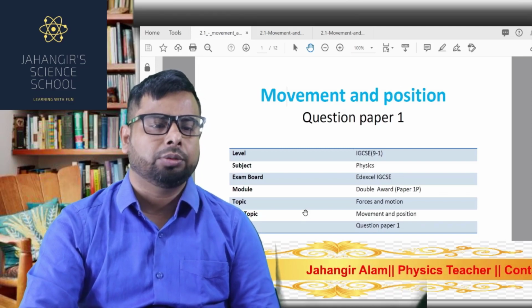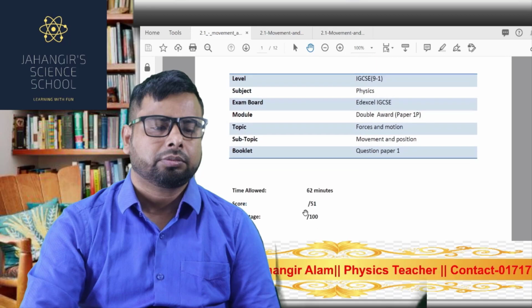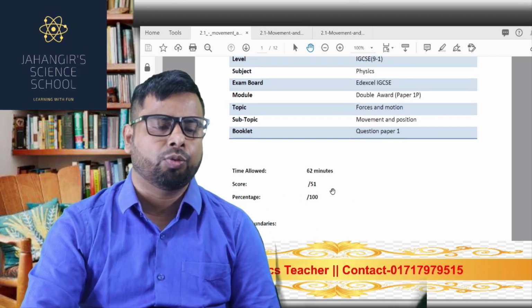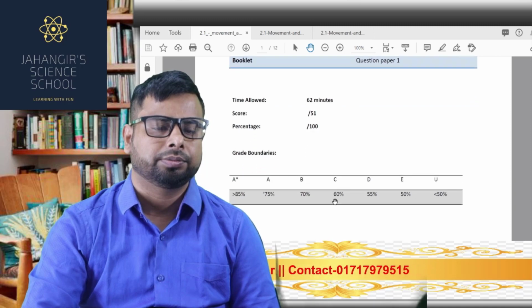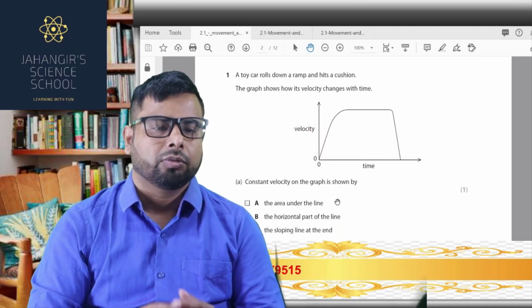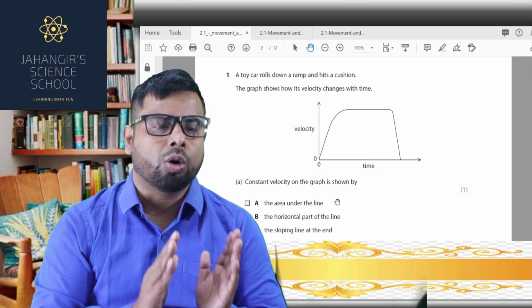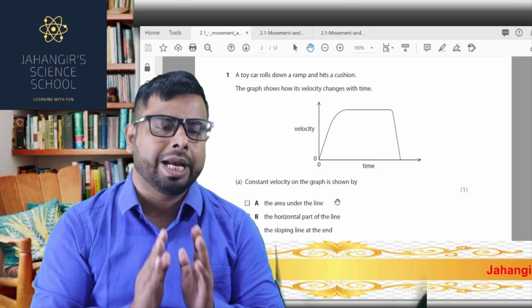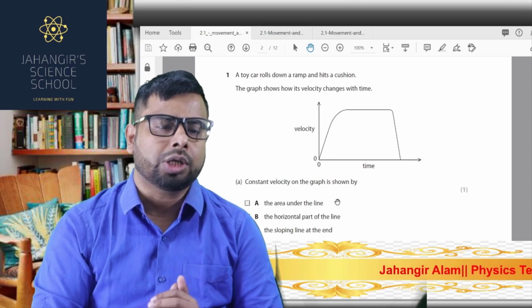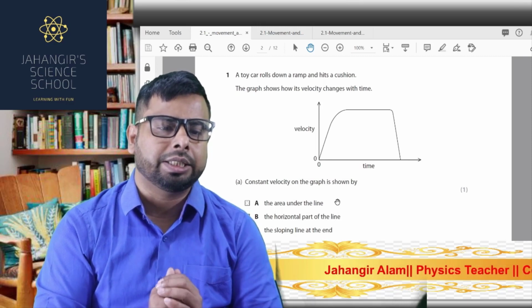I am Jahangir here. Total marks in this paper 51. First question. A toy car rolls down a ramp and hits a cushion. The graph shows how its velocity changes with time.